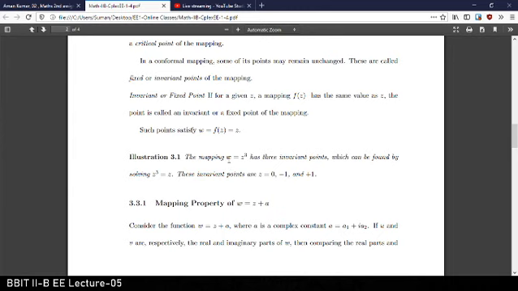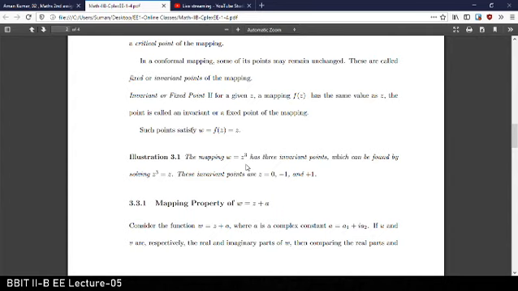If I write the z after mapping, it will become w, but it will remain the same as z. So I can write z equal to z cube, because after mapping z will be z cube, but it will remain the same as z. So z cube minus z equal to 0, that means z into (z square minus 1) equal to 0.